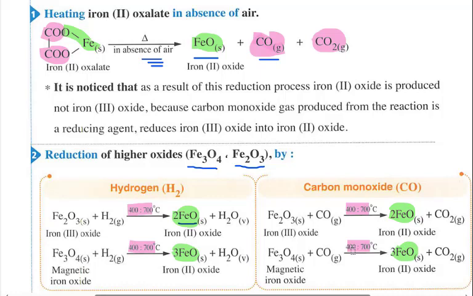So don't be confused. If any of the higher oxides, like ferric oxide here, is reduced by hydrogen or carbon monoxide, and the temperature is from 400 to 700 degrees Celsius, the only produced substance as an oxide after reduction is ferrous oxide.